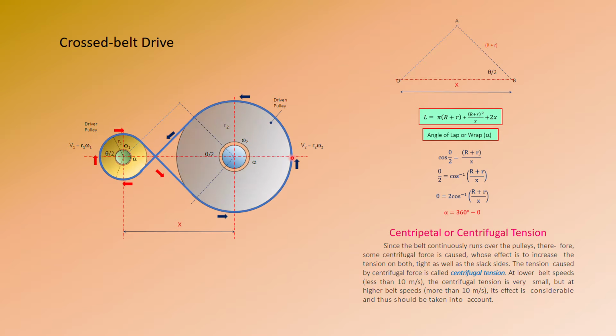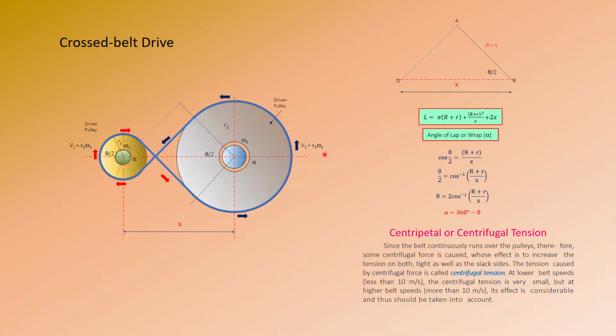So if you take the mass of the belt into account, then it will definitely create a TC, that is the centripetal tension or the centrifugal tension. So bear in mind, TC only appears if you take the mass of the belt into account.